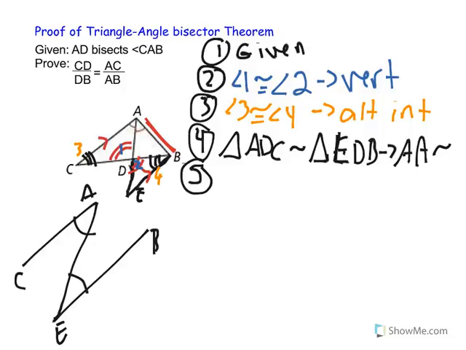A would be alternate interior to E, so we would note those angles are congruent also. So we've done 1, 2, 3, 4. Call them 5 and 6. So we know angle 5 is congruent to angle 6 because they're alternate interior.